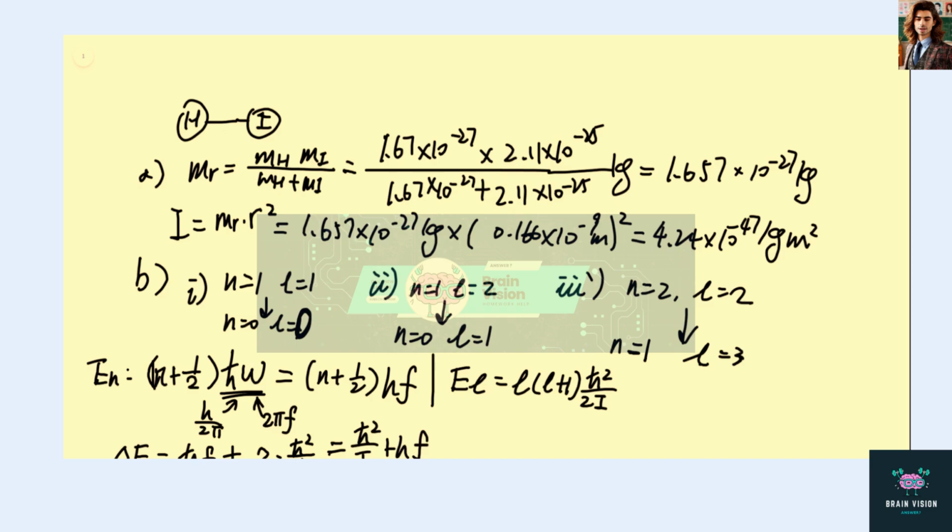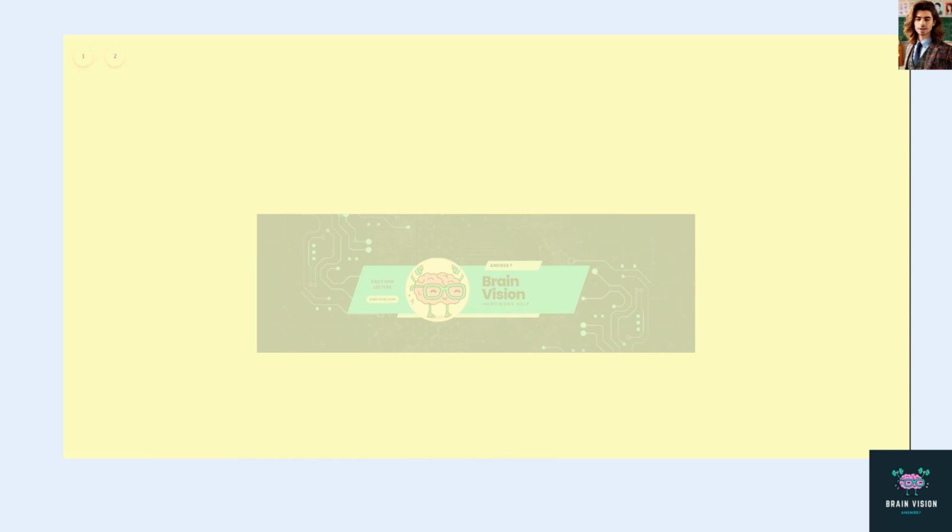And finally, we want to find the wavelength associated with the photon that was emitted in this process. And the wavelength is given by lambda equals hc over delta E. Okay, so let's get a new page so we can write more clearly. L equals 1, n equals 1 to L equals 0, n equals 0. The change of vibrational energy is hf.